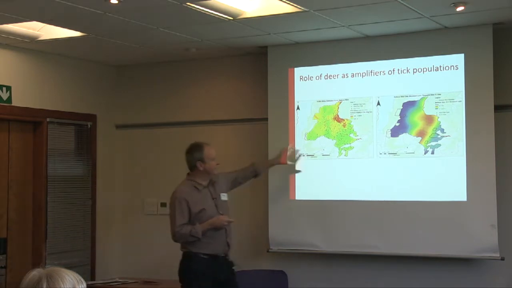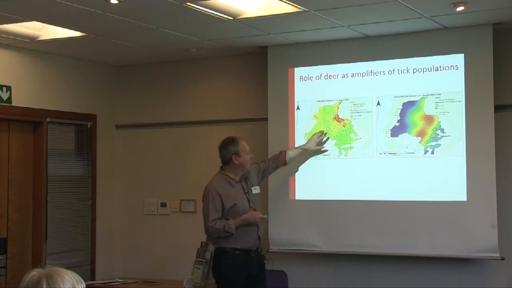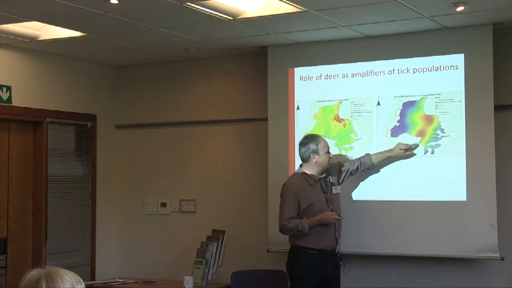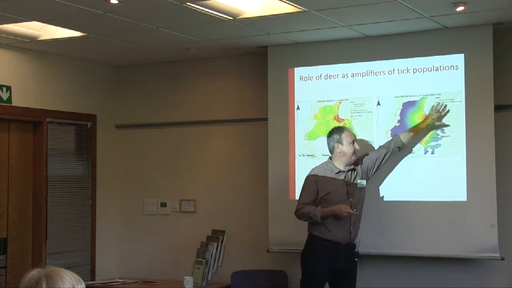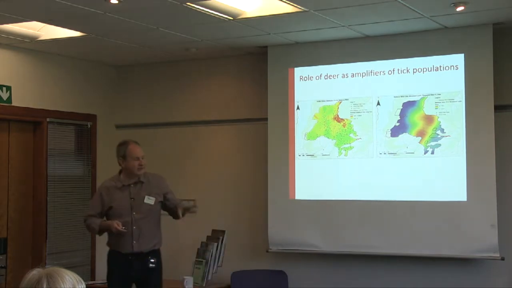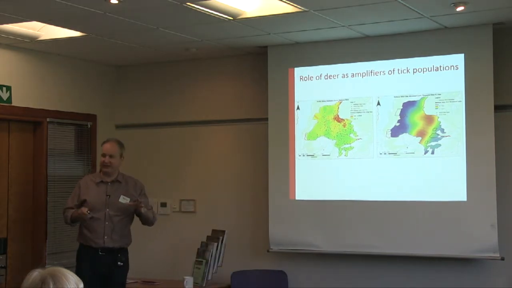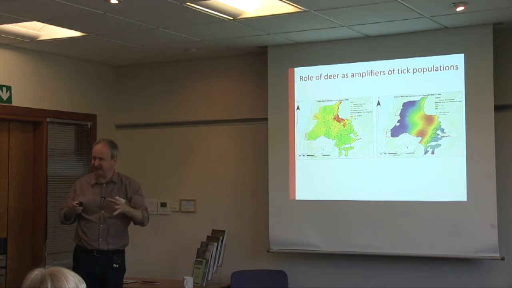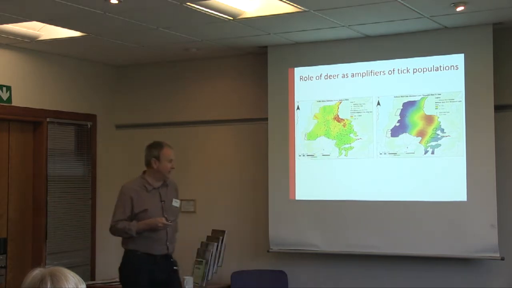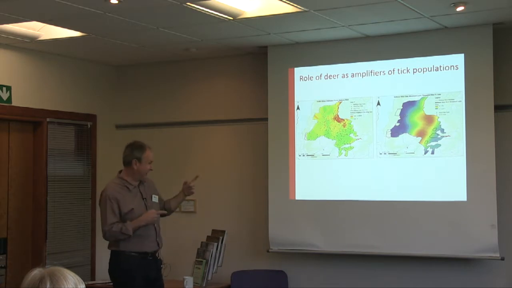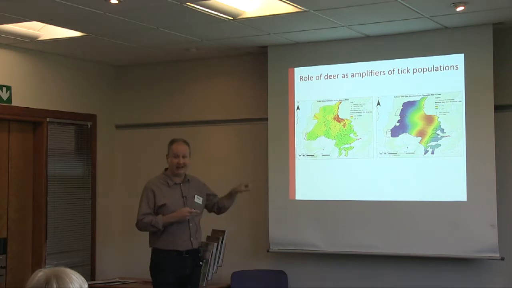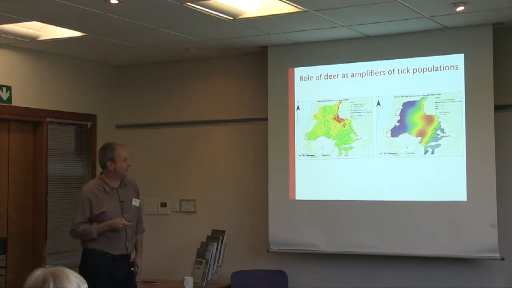And we did see a reasonably good correlation between where the ticks were and this deer corridor that runs from coverts down here into this big patch of forest up here. So we do have some evidence, at least on a local scale, that deer are very important at moving ticks around, introducing ticks onto pasture. And it's interesting what you were saying about the interaction with sheep, that ticks and disease may be relevant to that conversation as well.